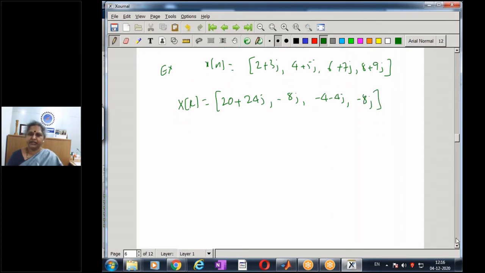What we find here is each of the elements is distinct and there is no conjugate symmetry in the result, and this is because my sequence x of n is not real. It's not real because it's complex.